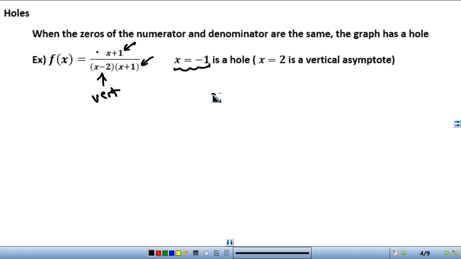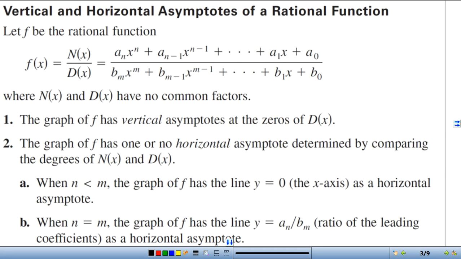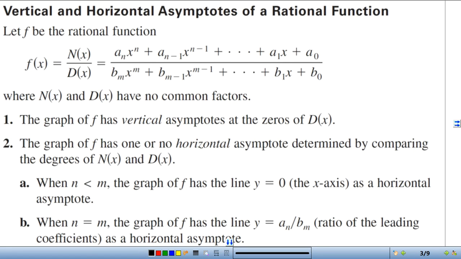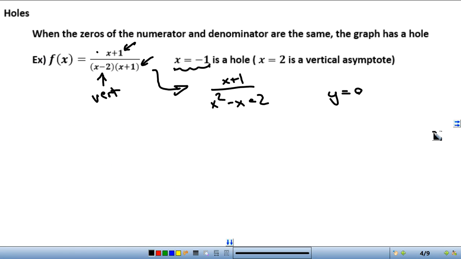If I multiplied this out, this would be x plus 1 over x squared minus x minus 2. The degree of the denominator is larger than the degree of the numerator. So the numerator is lesser than the denominator, so I have a horizontal asymptote at y equals 0.